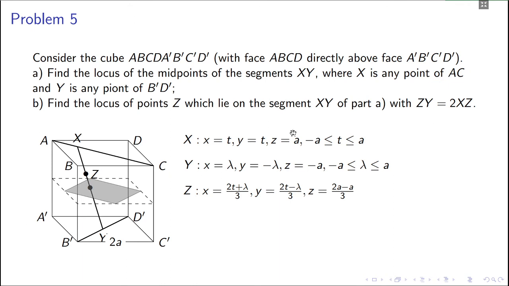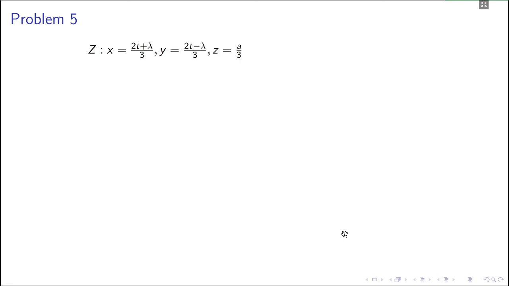The z coordinate will be this, (2 into a minus 1 into a) by 3. So z will be a by 3, x will be (2t plus lambda) by 3, y equals (2t minus lambda) by 3. Now you look at the section which has a z coordinate a by 3. So it will be above that plane that we earlier looked at, z equals 0.